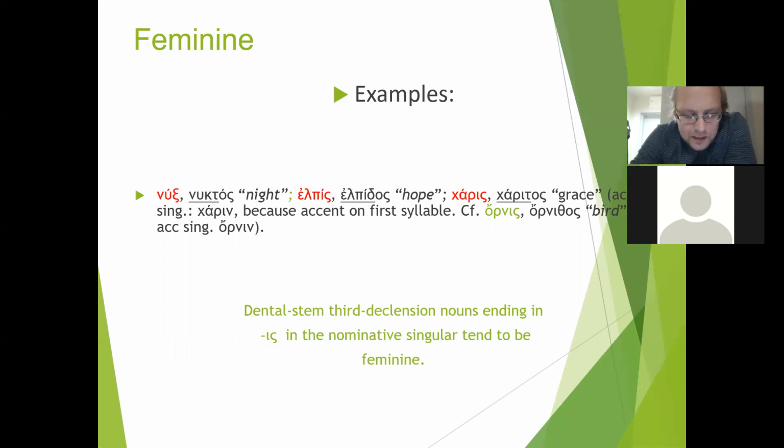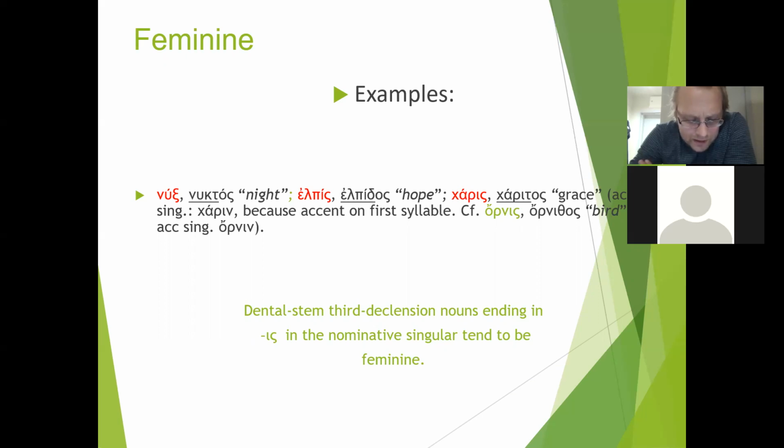And then we have elpis, which means hope, and which is elpidos in the genitive singular. And haris, which means grace, and here the genitive singular form is haritos. And in this case, the accusative singular is actually harin and not harita, which maybe would be expected.